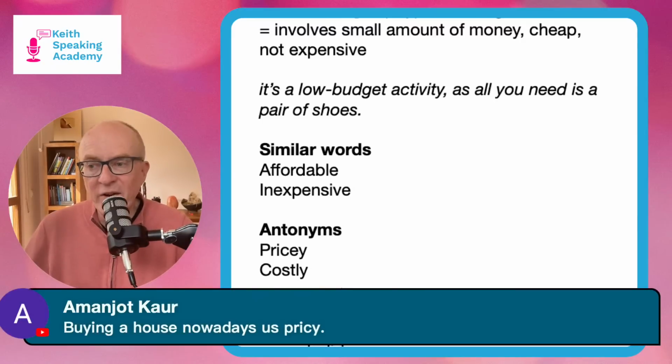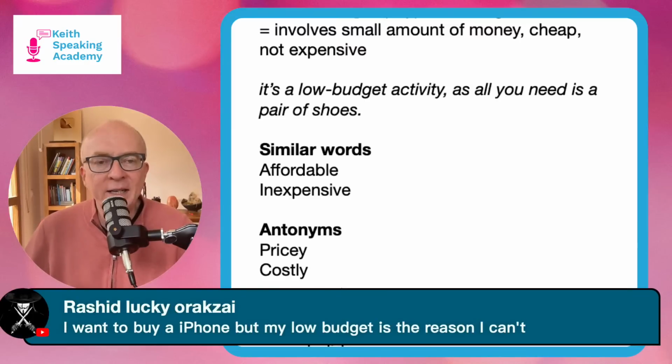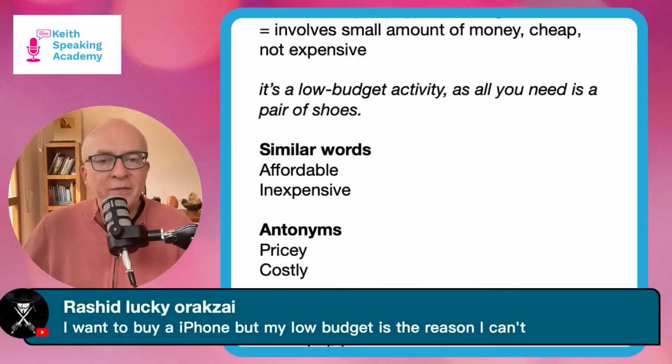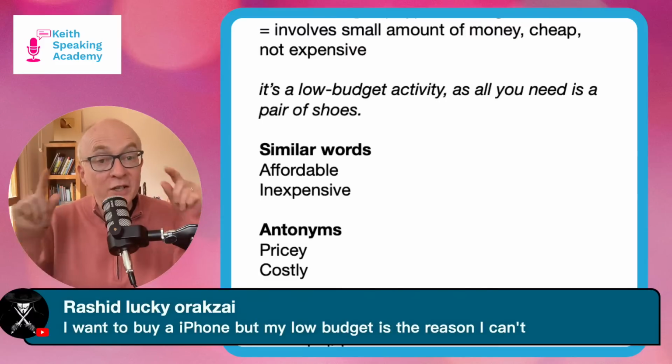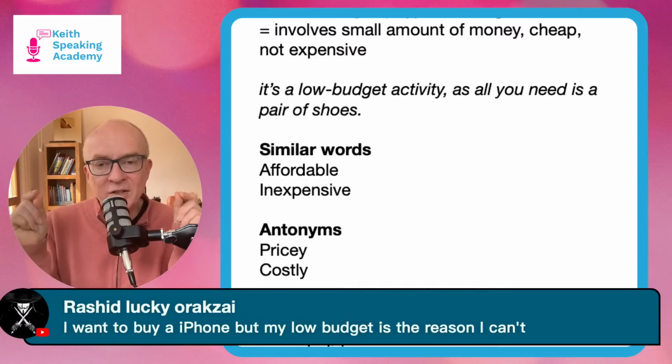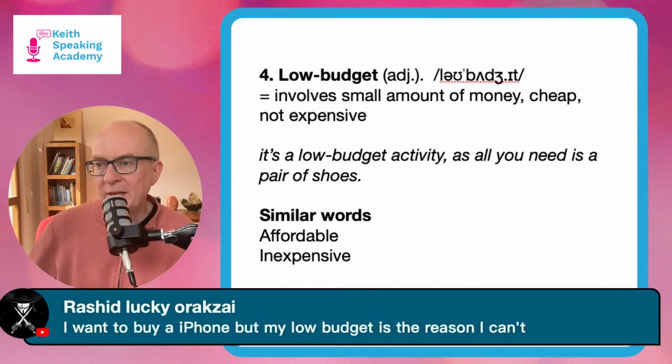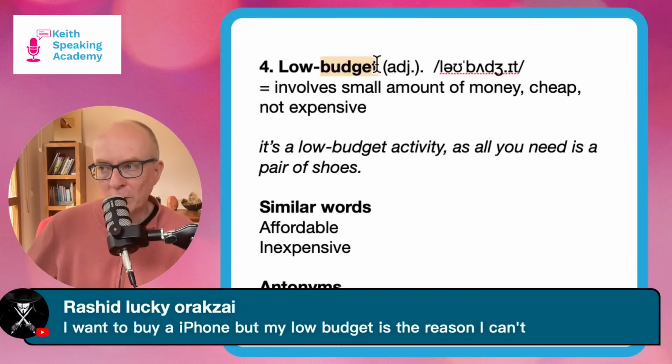Yes, I totally agree. Buying a house is very pricey. Yes. Rashid, this is a really good example, right? Come back. Where are you? I want to buy a phone, but my low budget, two words, is the reason I can't. That is perfect. It's different from this, which is one word as an adjective.